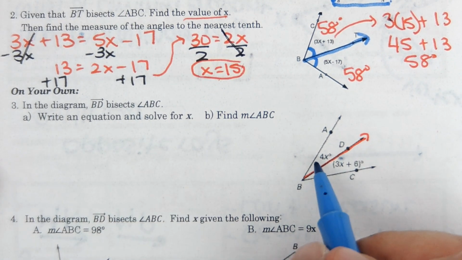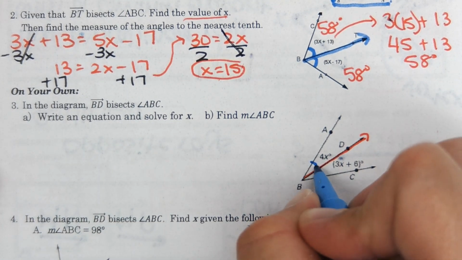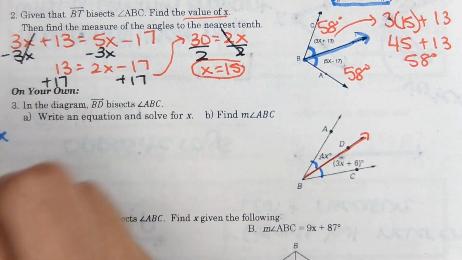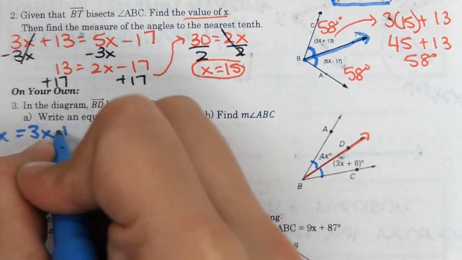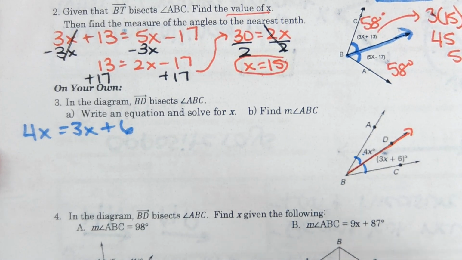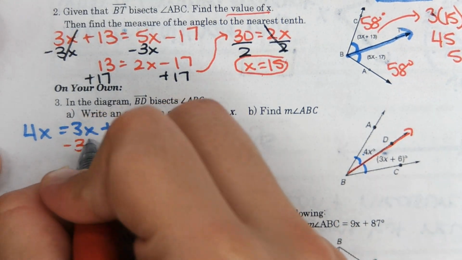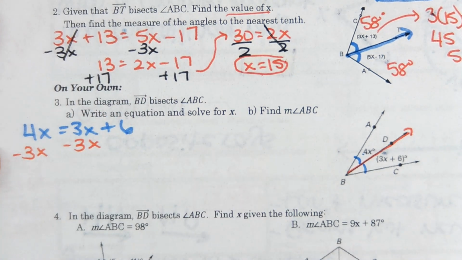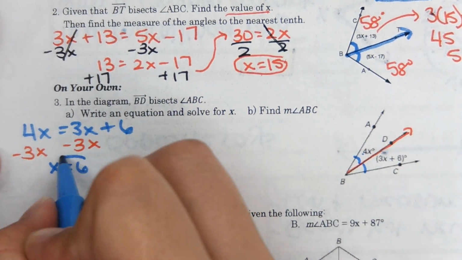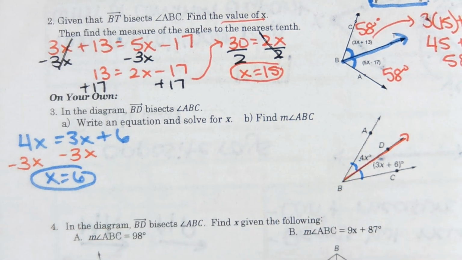So solving for x, since this is an angle bisector, these are the same measure, and we can set these equal to solve for x. So 4x equals 3x plus 6. To solve, subtract 3x from both sides, x equals 6. Cool. So I got part A.